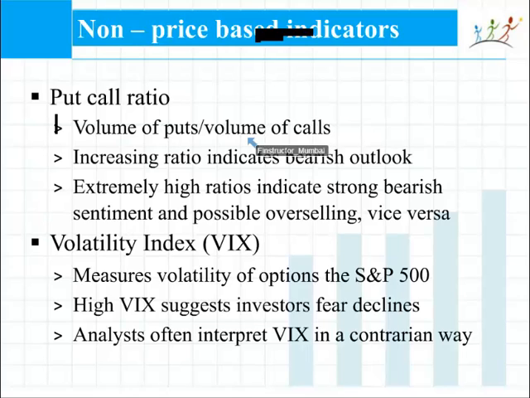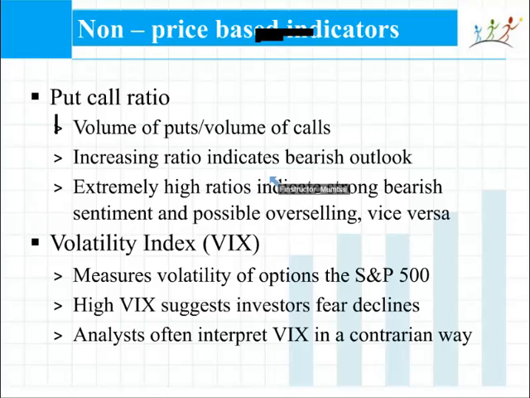Now technical analysts can use these ratios as trend indicators, or they can use them as contraindicators as well. So sometimes people think that an extremely high ratio indicates a strong bearish sentiment and possible overselling. So the put call ratio can also be used as a contraindicator. So if the sentiment is really bearish, then you may want to buy into the weakness, or you may want to buy currently.